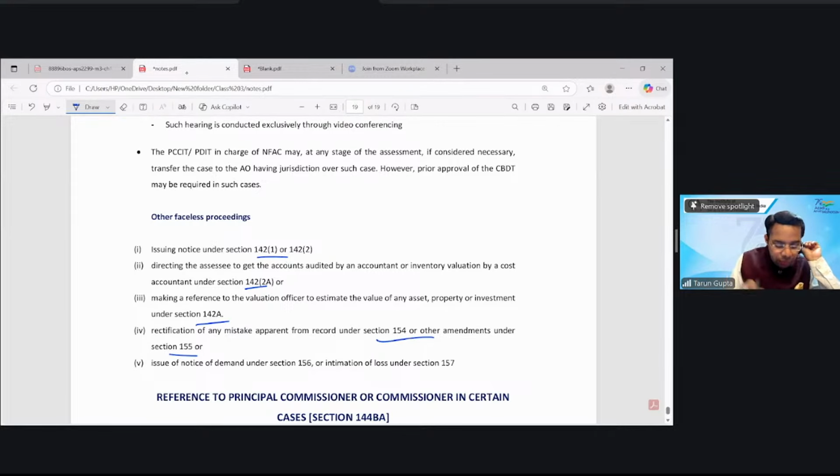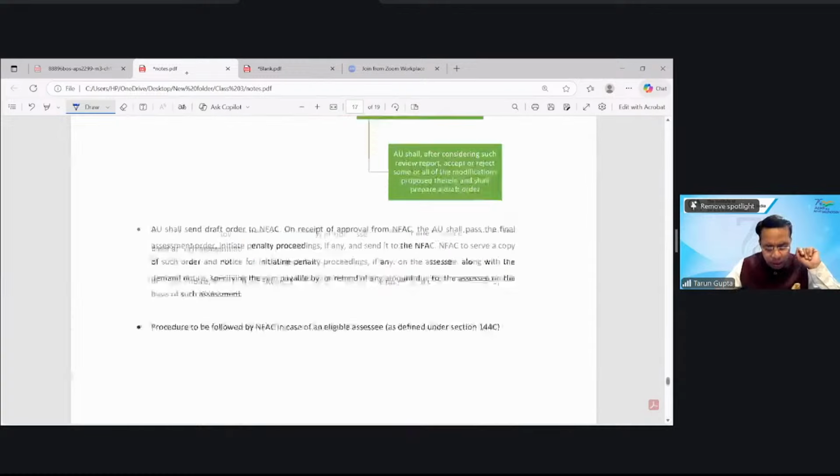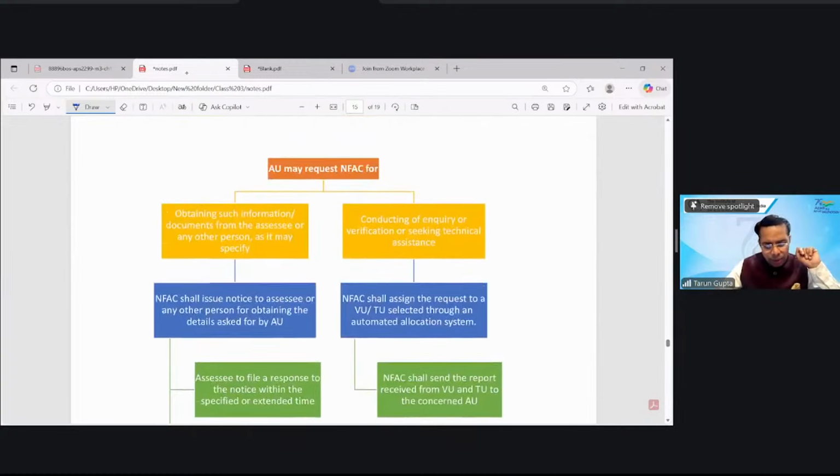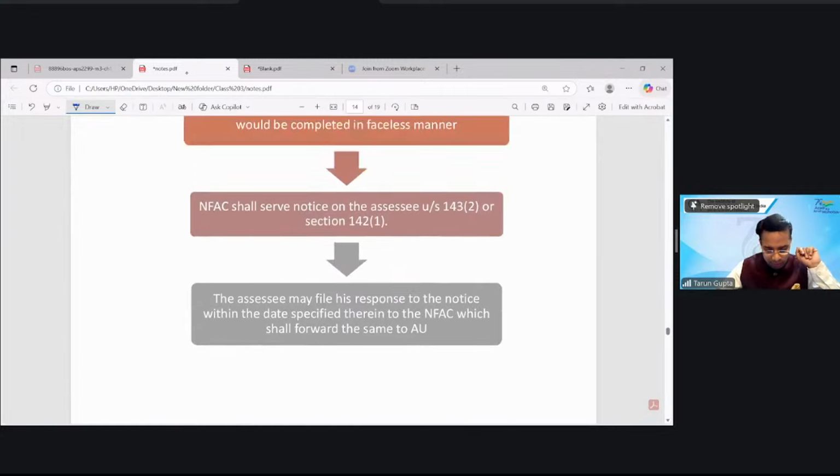My 154 and 155 rectification can be made in a faceless manner. I told you there are some points where you can apply for rectification online. Demand notice is issued in a faceless manner. Here we'll discuss in detail the procedure, what happens in case of faceless assessment.